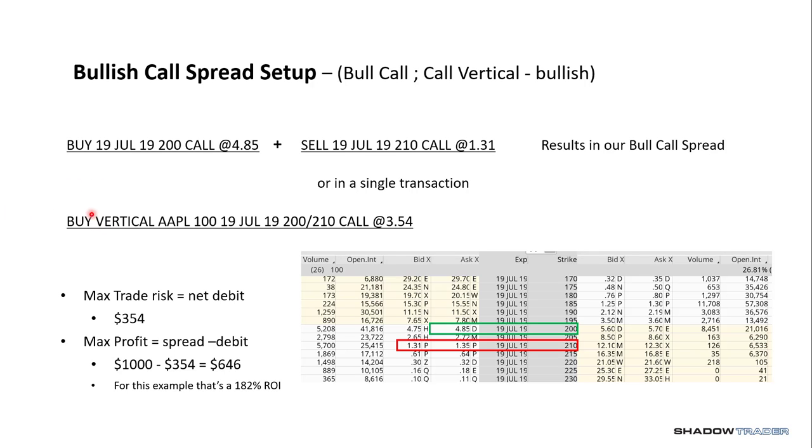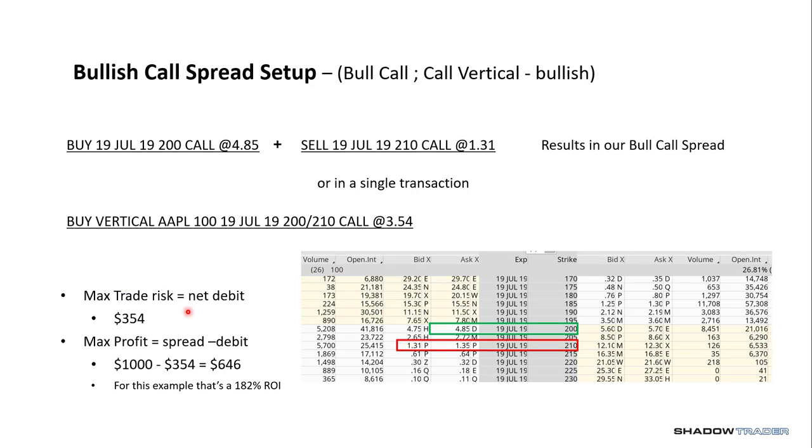On your platform, you'll see this as a single transaction. Buy, vertical. July 19, 200, 210 call. 485 minus 131 is 354 debit. Here's what they look like on the chain. I'm buying the 200. I'm selling the 210.